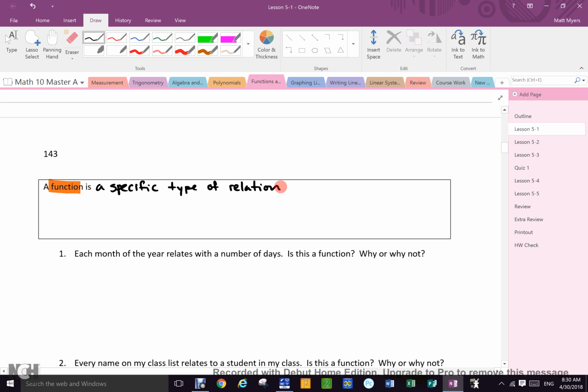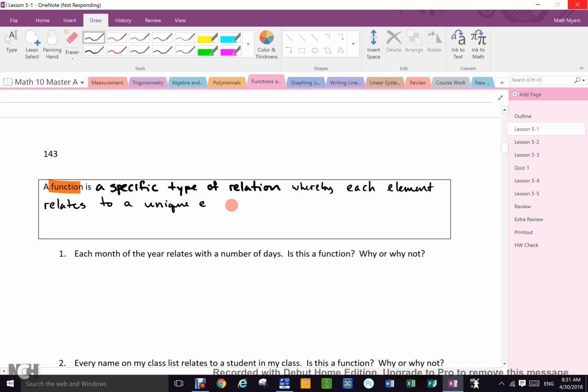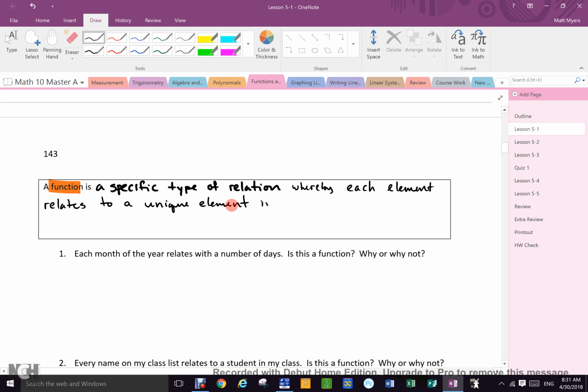It's got two sets that are being compared, but it's a specific type of relation whereby each element relates to a unique element in the other set. In the other set. Okay?